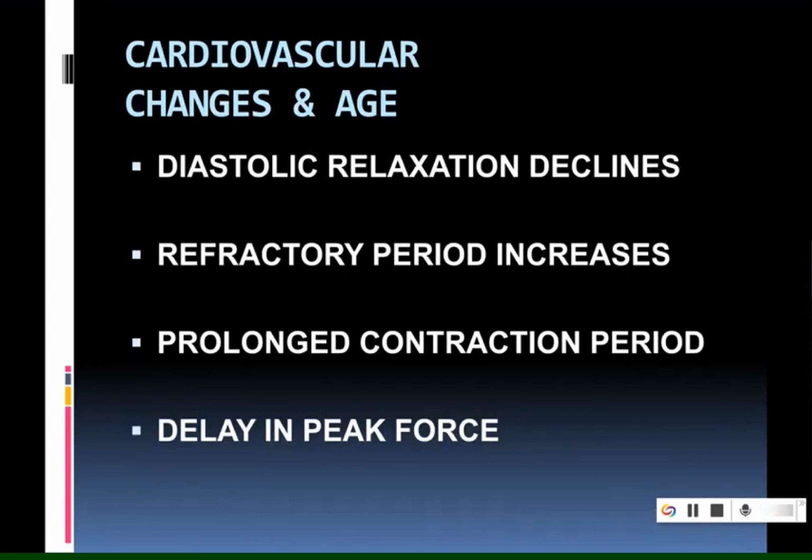Part of the aging heart is that diastolic relaxation declines, and so the heart is not able to accept as much blood as when younger. In some cases that problem with diastolic relaxation results in diastolic heart failure. There's also a decline in the refractory period by which the heart recovers and basically creates the squeeze to push the blood out.